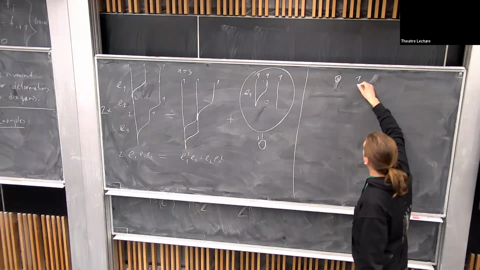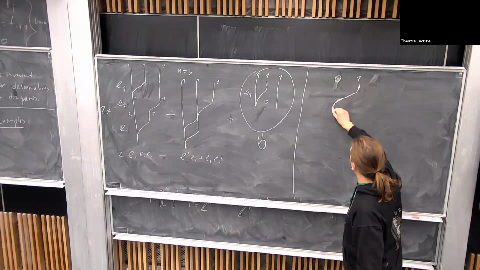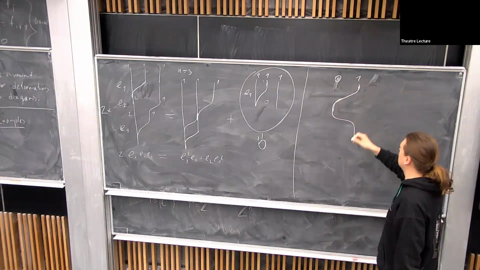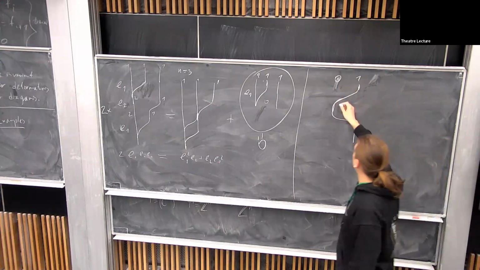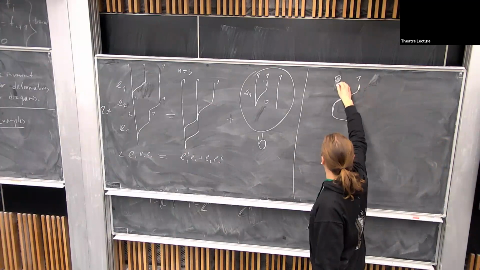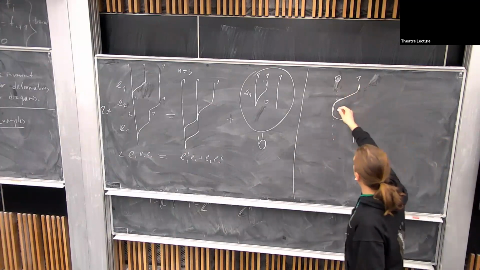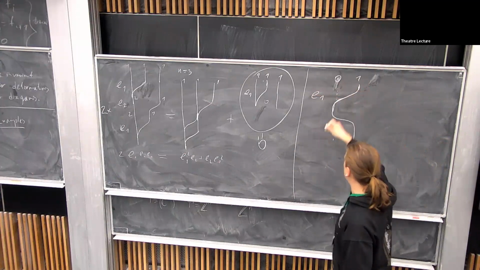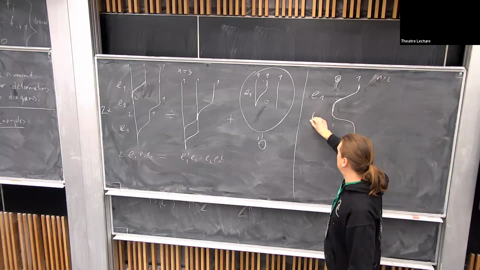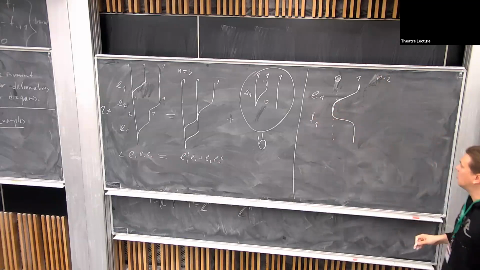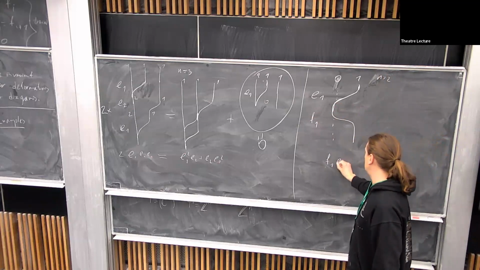So for instance, take this and then do this thing, and then right here. So this seems to be a trivial diagram. It should be identical. But if this means E1 for me, this is the n equals 2 situation, and this is F1, right? So this diagram is F1 E1.